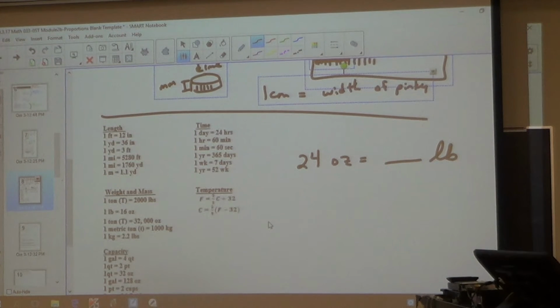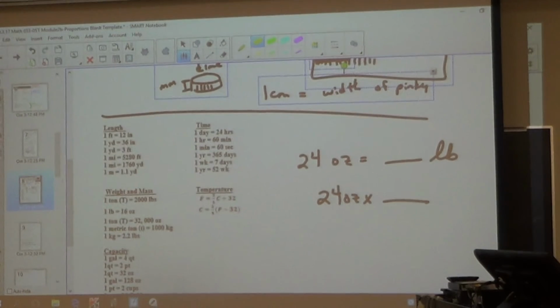Everything else is a little something. So we're going to do 24 ounces times something over something. Ounces are going to go down here, and what you're trying to find is going to go on the top. You always want these two to match so they'll cancel.